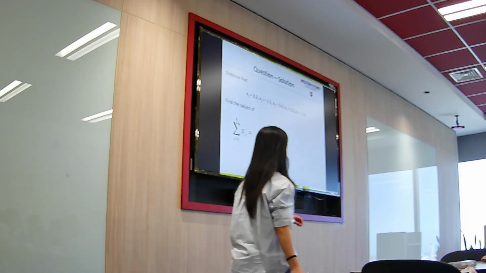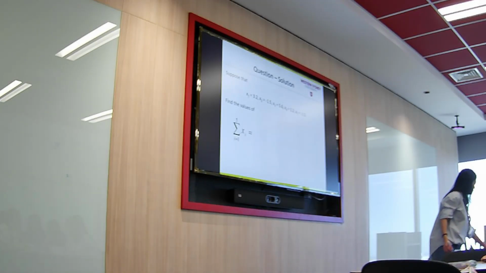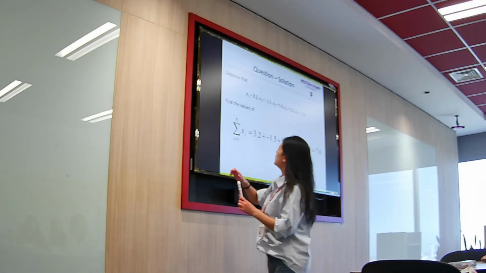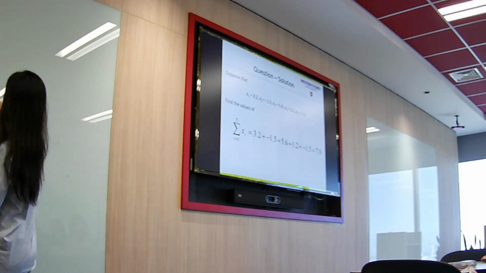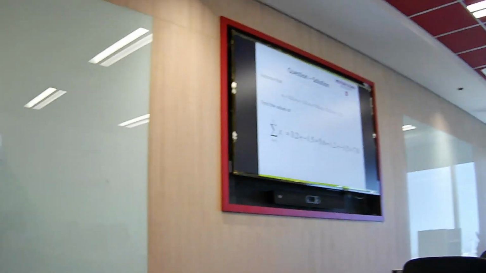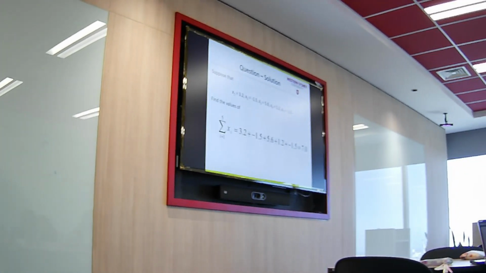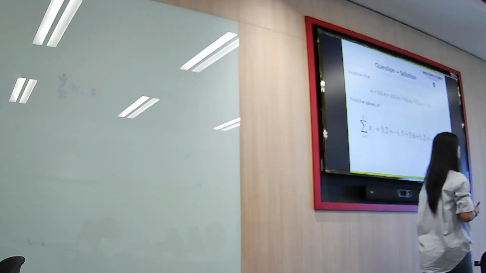So the complete calculation is like this. This is 7. If you don't know this one, I write here sigma i from 1 to 5 of xi equal to 7.